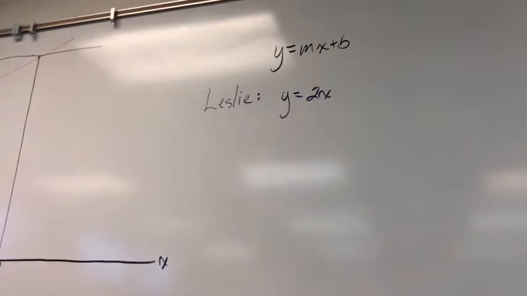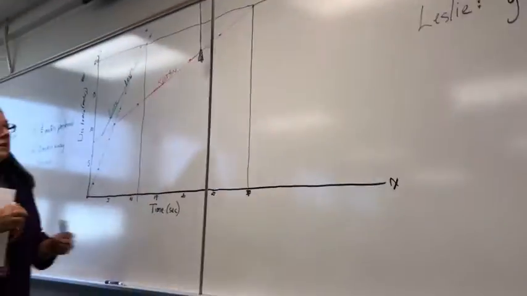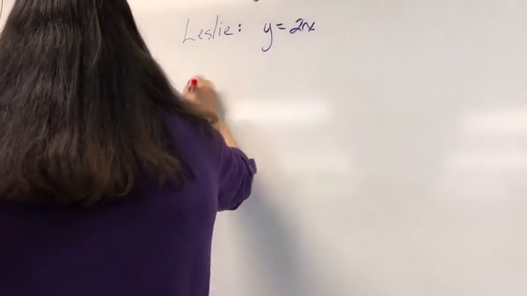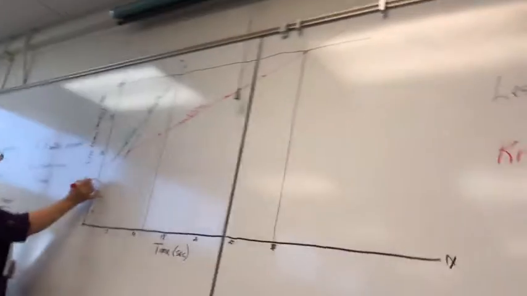All right, so let's go ahead and look at the next one. I guess Kristen was next. It really doesn't matter. Okay, so Kristen, what would hers look like, guys? Y equals what? So she went up how many? 2 over 5.